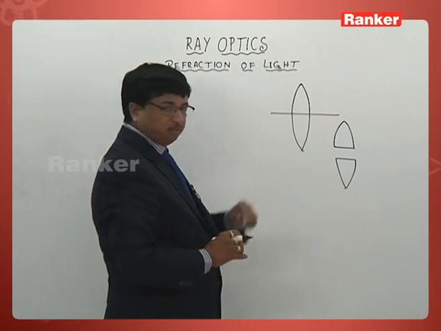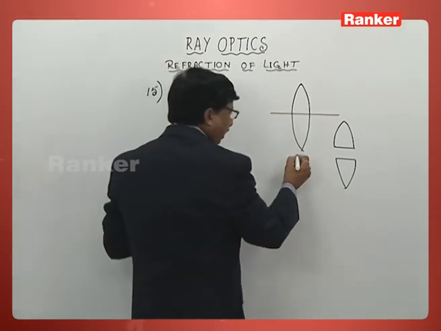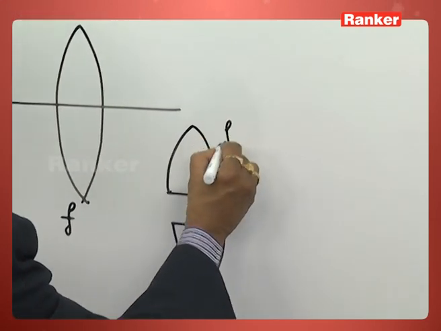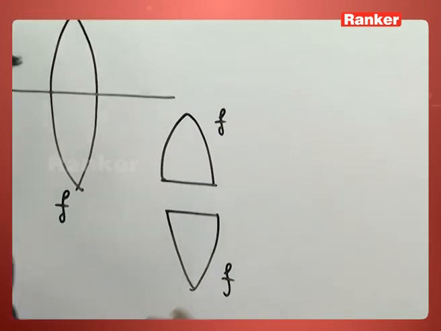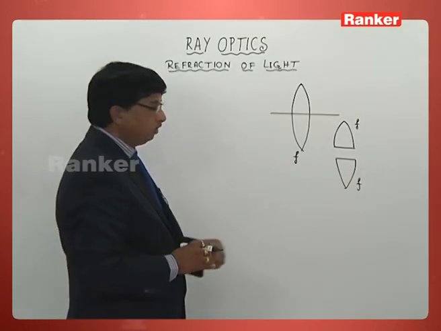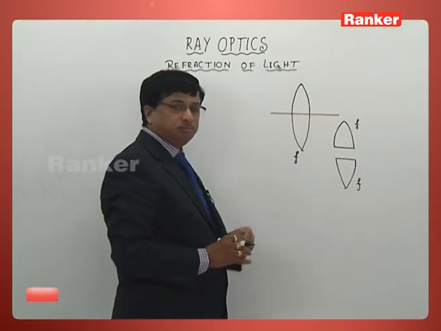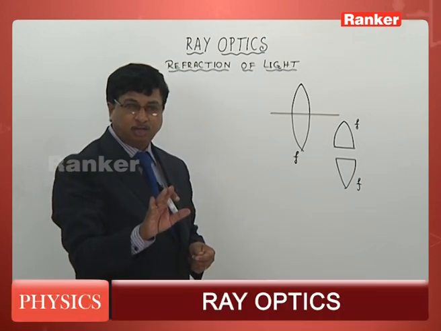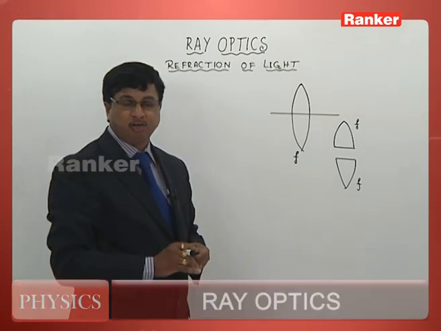But in this cut, if focal length of the original lens is f, then focal length of each part also will be f only. So this cut of the lens will never change the focal length of the piece that has been obtained after cutting.